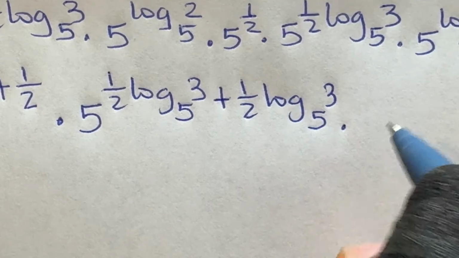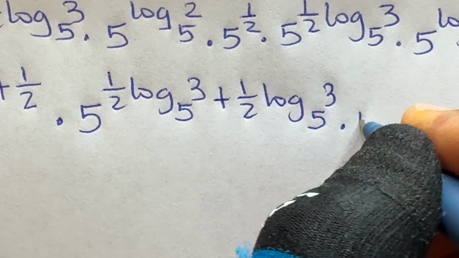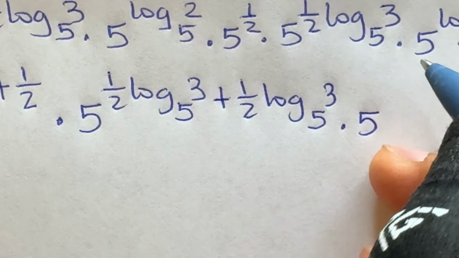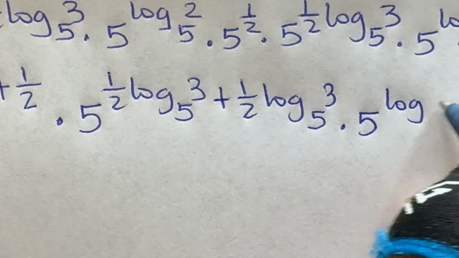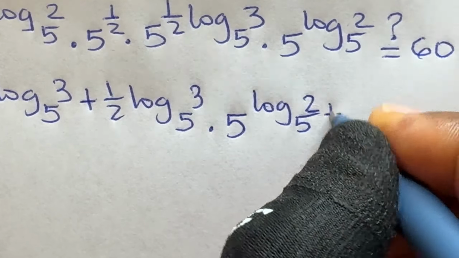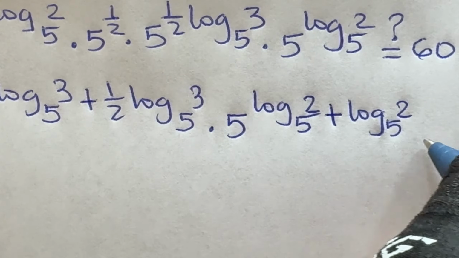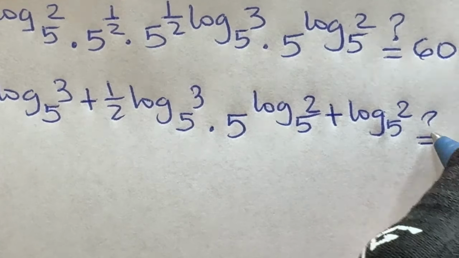And then finally times 5 raised to power log 2 base 5 plus log 2 base 5 is equal to 60.